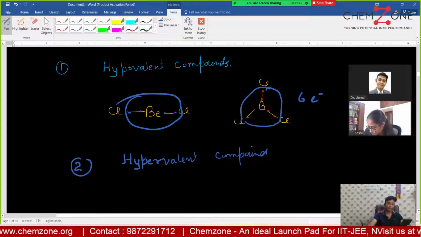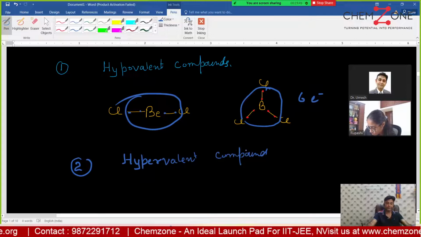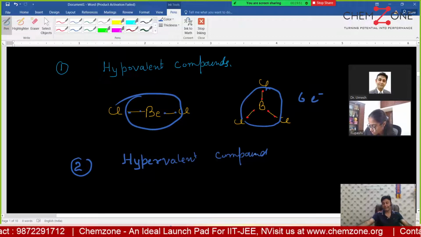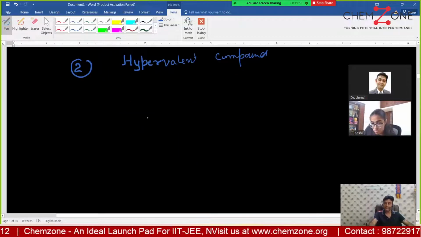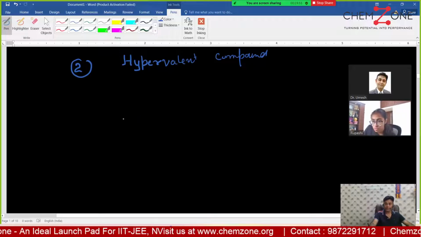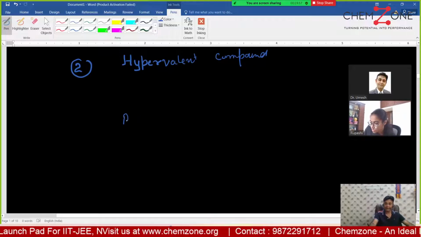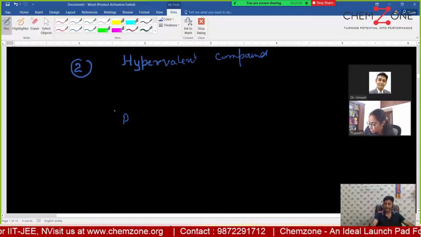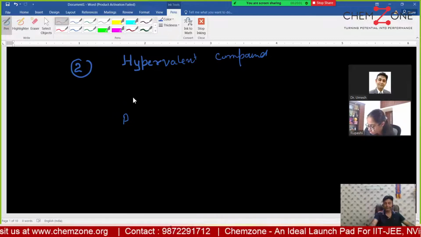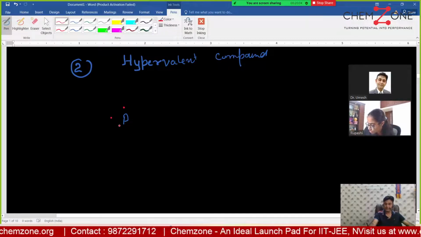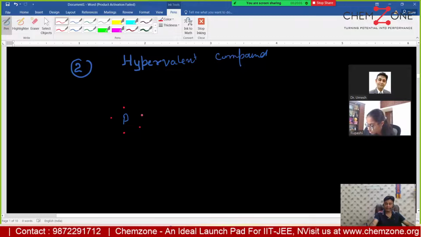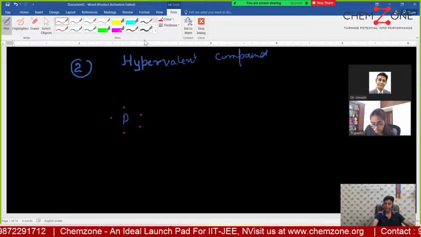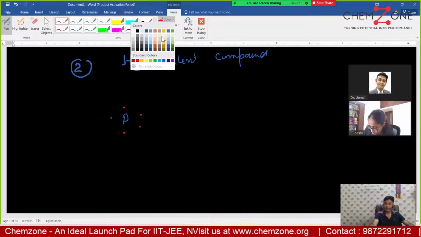Hypervalent compounds are those in which the central element has more than 8 electrons. For example, PCl5, phosphorus pentachloride. The atomic number of phosphorus is 15, and it has 5 electrons in the outermost shell.